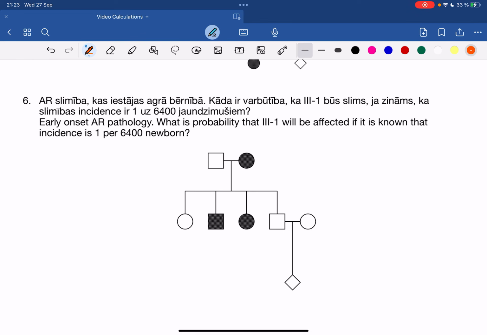Okay, remember that we have the incidence rate 1 out of 6,400, so we immediately know that Q to the power of 2 is 1 out of 6,400. So we can immediately calculate 2PQ, but let's wait with that. Or let's actually calculate it.